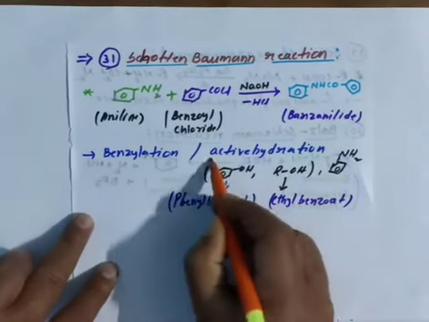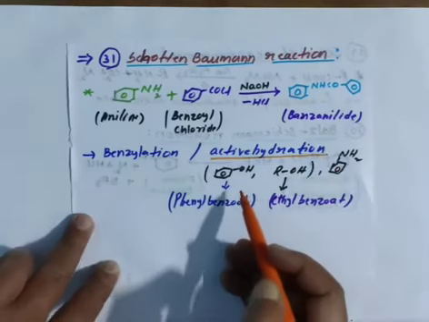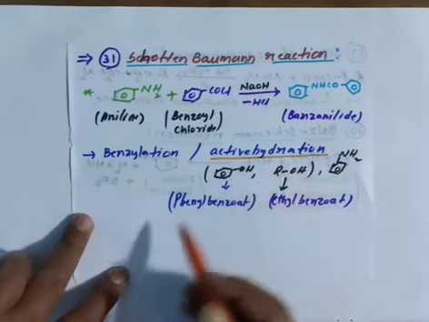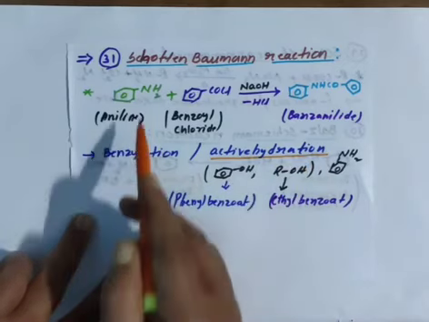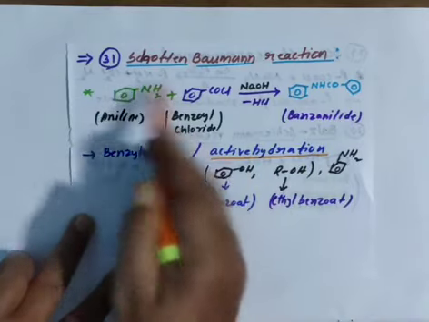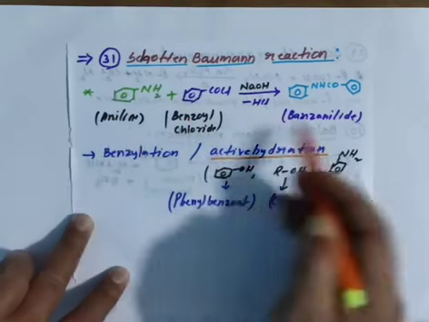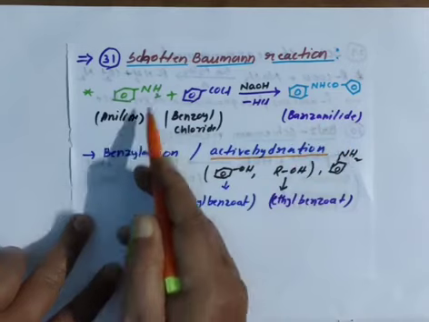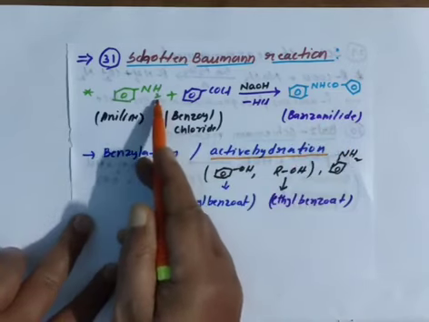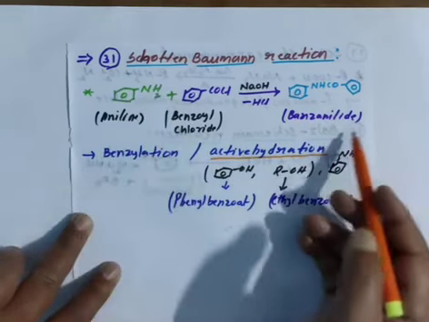Here active hydrogen is required, meaning the compound we take should contain active hydrogen. Like here I took aniline, which has active hydrogen, that is NH2. H is there, and you get benzanilide.